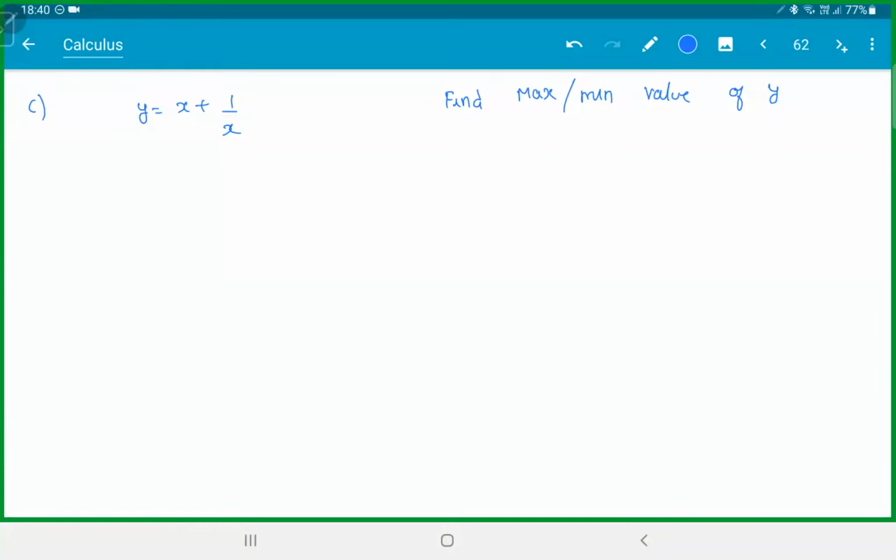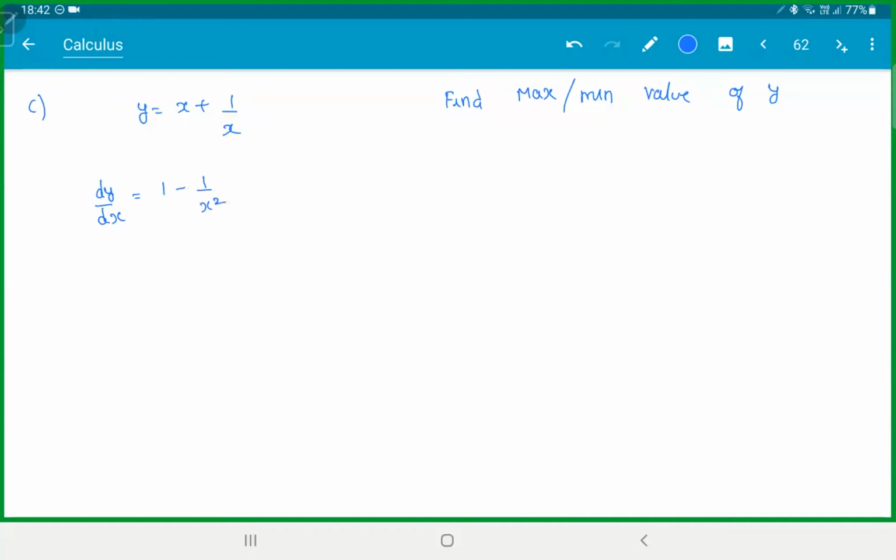Any answers? See, if I differentiate this, dy by dx will be 1 minus 1 by x square.